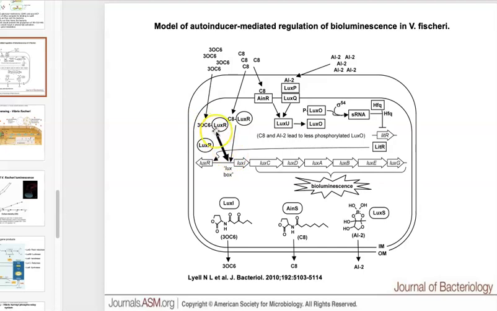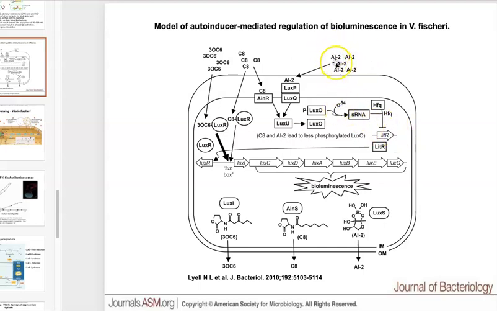But in this particular case, it's just like I showed you before, where if you don't have any autoinducer bind, then LuxP and Q autophosphorylate, and they transfer the phosphate group to LuxU, which in turn transfers the phosphate to LuxO, which in turn activates small RNAs with Hfq to shut down LitR.